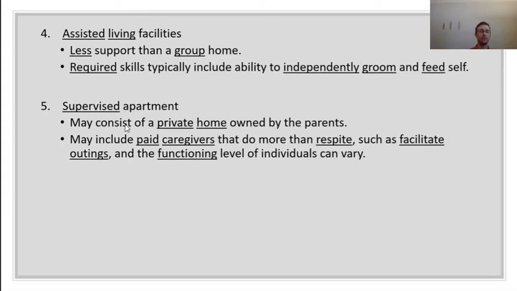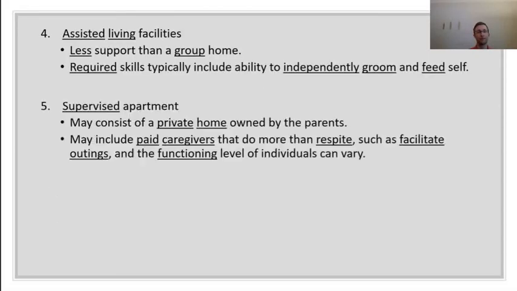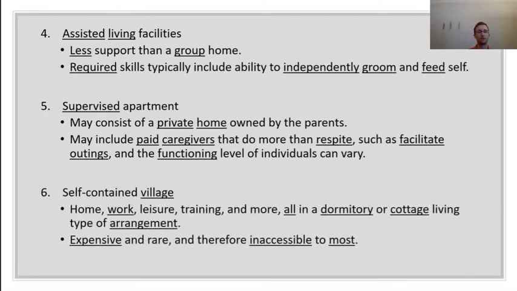This supervised apartment is even more expensive and probably provides, I think, a higher quality experience than group homes. And I should say that the supervised apartment doesn't necessarily mean that they're living on their own. They may also live with 1 or 2 or 3 other functionally similar individuals.